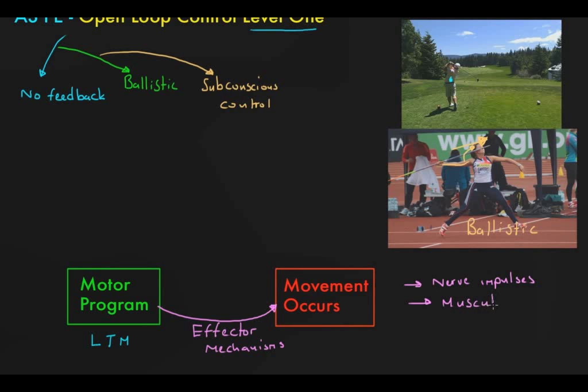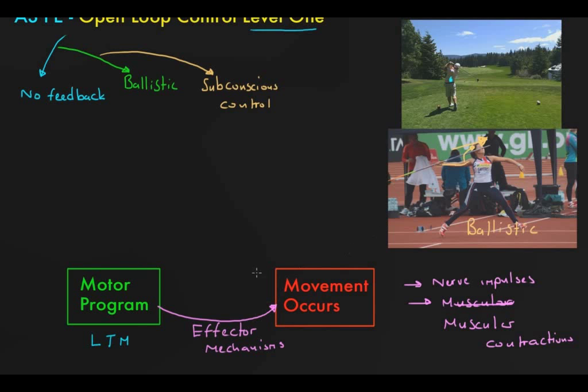As a result of those muscular contractions, as a result of those nerve impulses, Goldie Sayers is able to translate a memory of a movement stored as an EMP, an executive motor program stored in the long-term memory, use those effector mechanisms and produce the movement of a javelin throw. And exactly the same would happen with the golf swing.